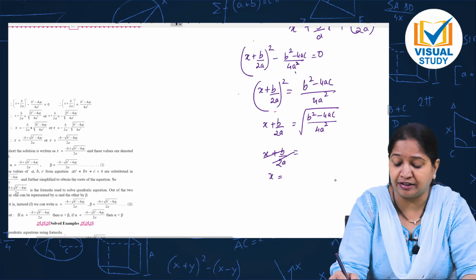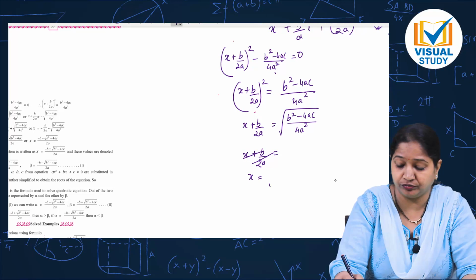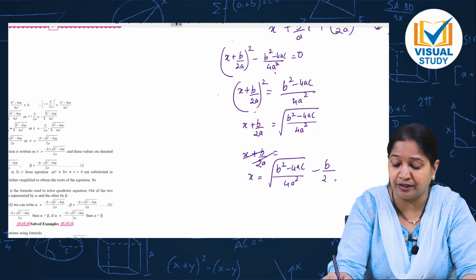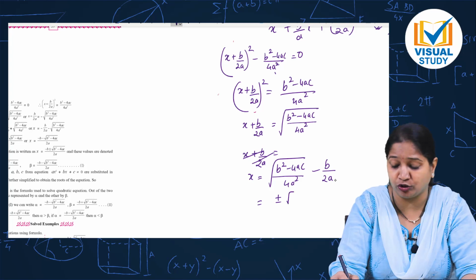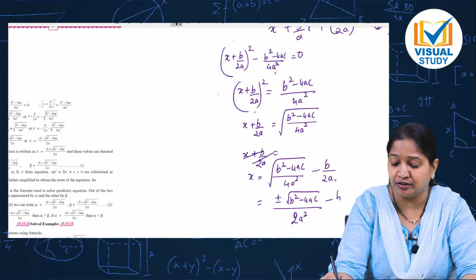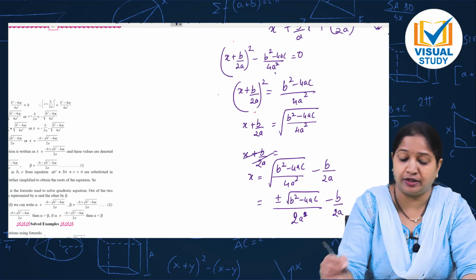That is x is equal to plus or minus under root b square minus 4ac upon 4a square minus b upon 2a. Taking out the square root of this, we get plus or minus under root b square minus 4ac upon 2a, not 2a square here, only 2a.